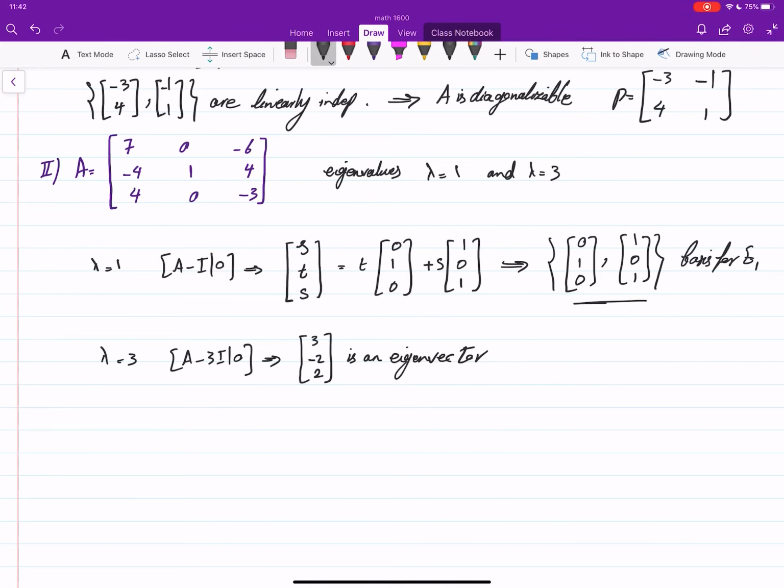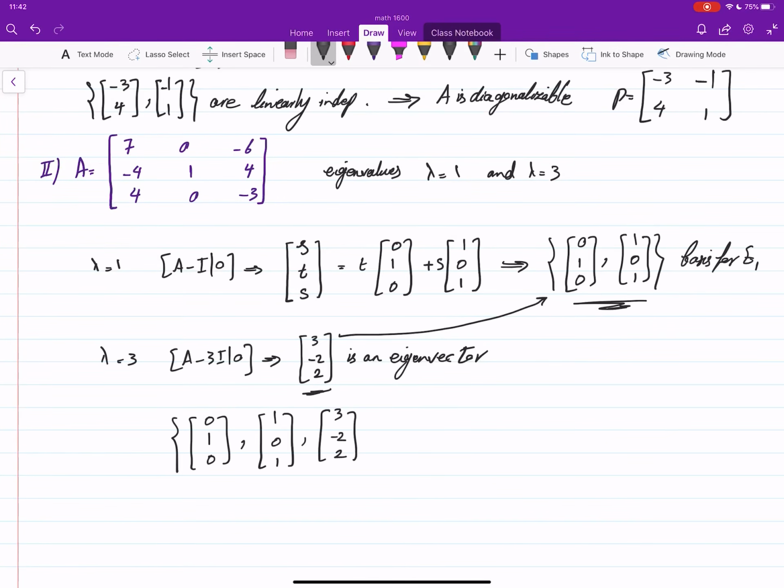Now, I found two eigenvectors for lambda equal to 1, which are linearly independent. And since this one is an eigenvector of a different eigenvalue, if I add it to that list, these will form a linearly independent set. So as you see, this is a set of vectors which are linearly independent, and from there you can conclude that A is diagonalizable.